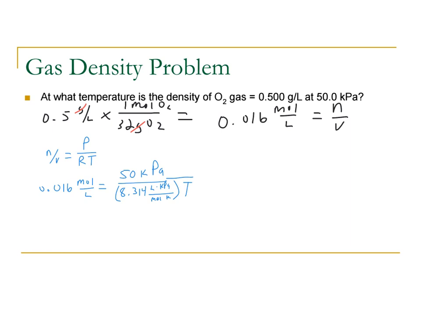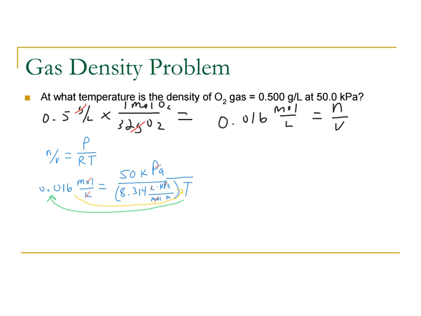Now, some of you may have gotten to this point and had trouble solving for temperature. I'll just check our units here, and yep, it all checks out. Okay? And so one thing you want to remember here is if I were to bring this temperature over to the left side, it would be T times 0.016. So then I will divide both sides by 0.016. I can bring it into the denominator here.